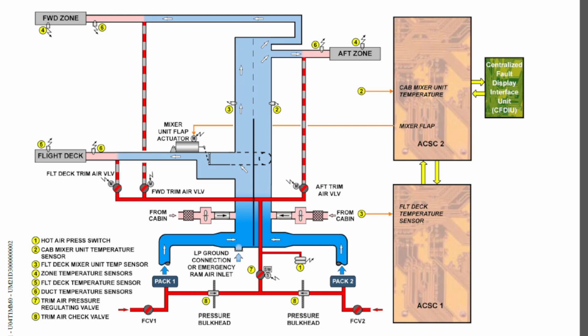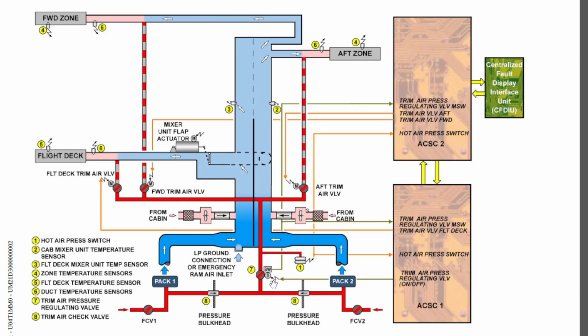In the same manner, when you select the cockpit switch to off, the same signal will go to air conditioning system control computer 1, and it will again de-energize the solenoid and the valve will close. You can also see that the micro switch in the valve sends a signal to both the computers.